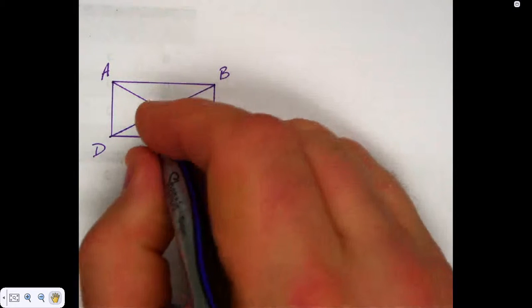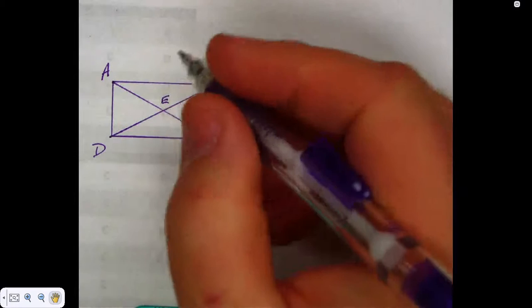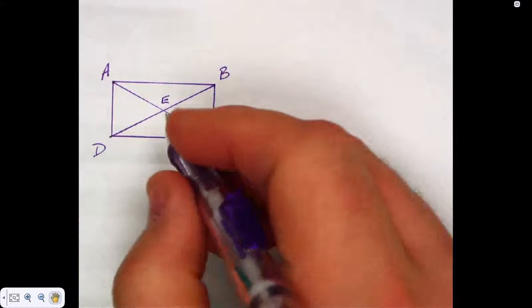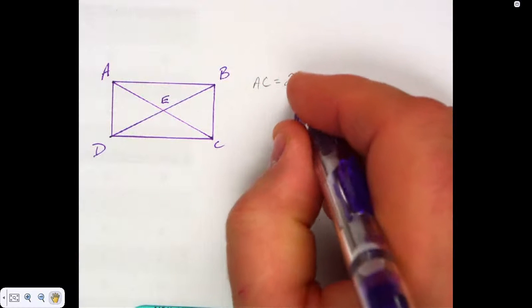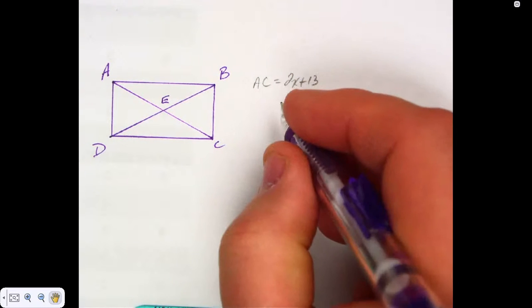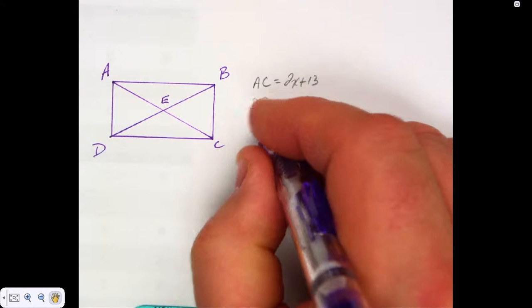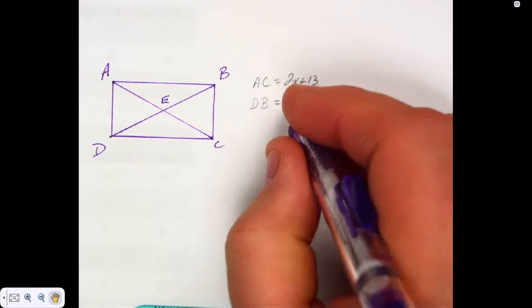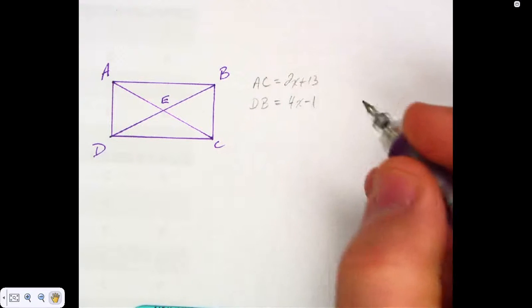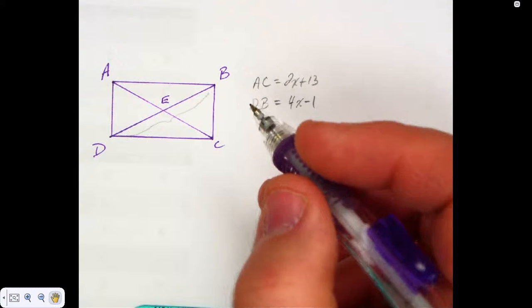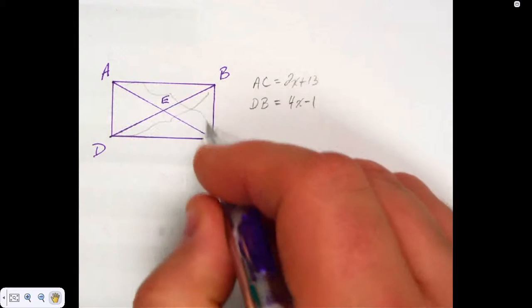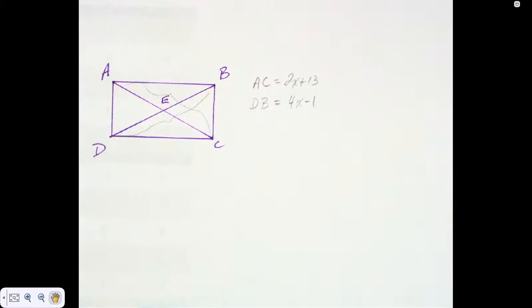They say this is E, right? Okay, number 1 says AC, A to C, is equal to 2x plus 13. And it says that DB is equal to 4x minus 1. So that and that is what they give us something for. How do those two quantities relate to each other?